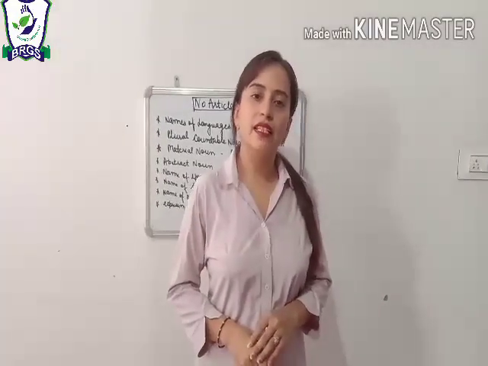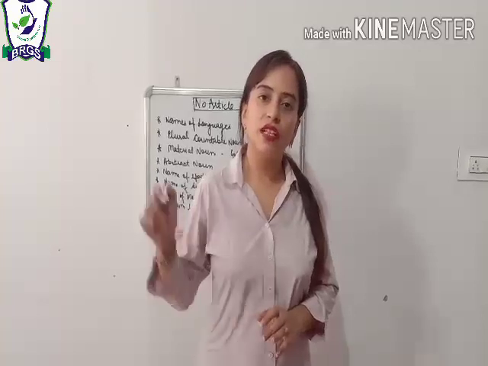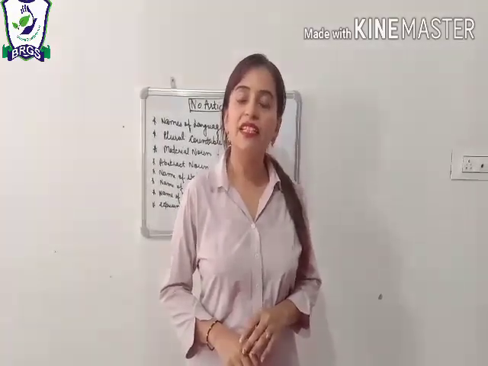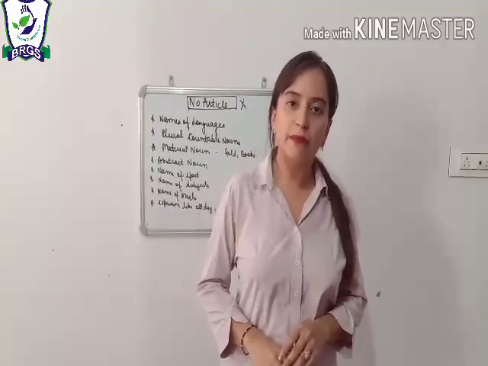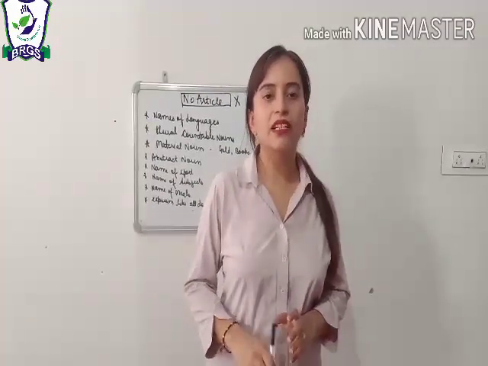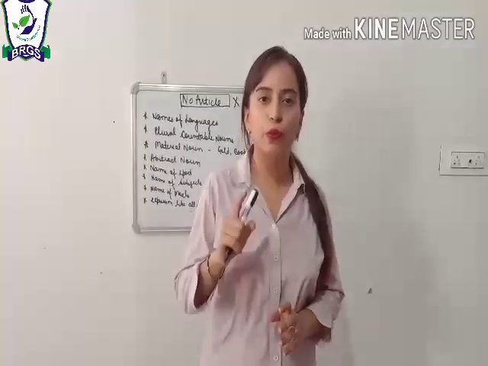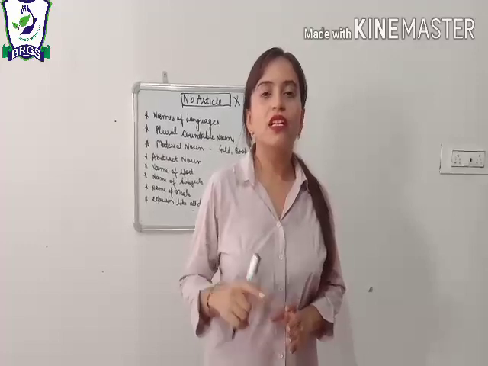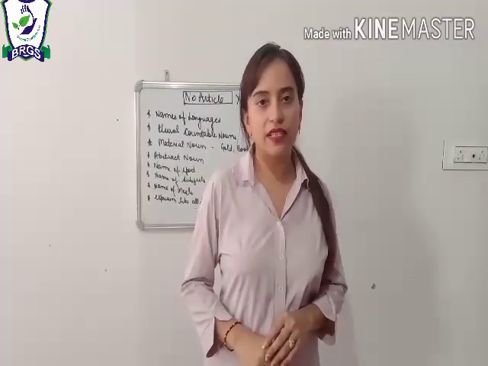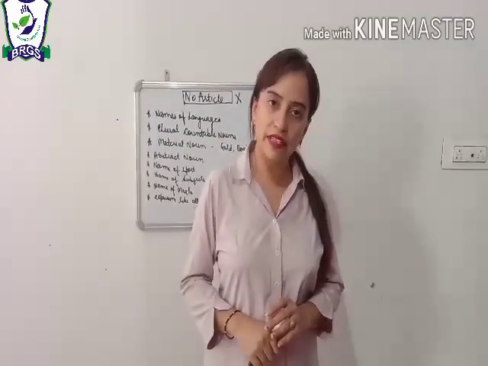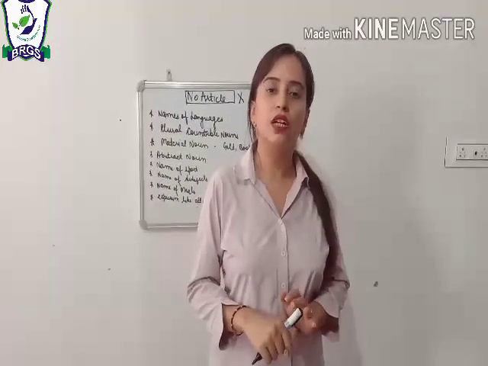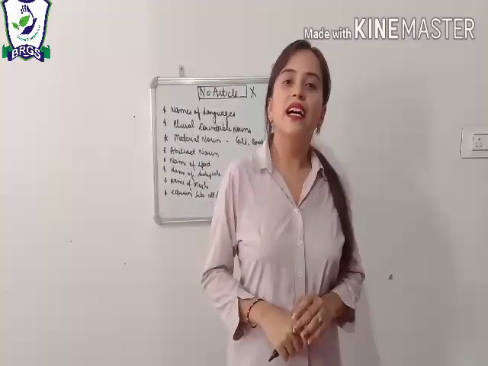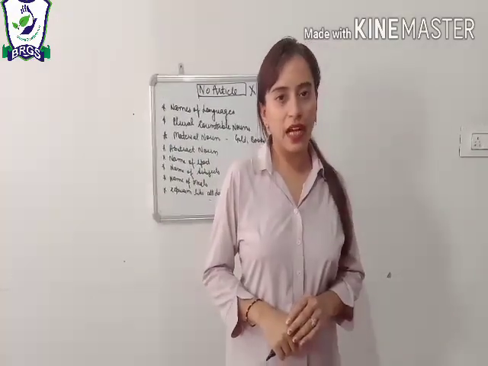So students, this is all about your articles. So let us recall what we have learned today. We have learned that articles are a type of determiners. Determiners are the words which are used to point out a noun, which tells us the position of a noun in the sentence, and determiners are always used before a noun. We can't use them after a noun. Under determiners we have read what articles are.